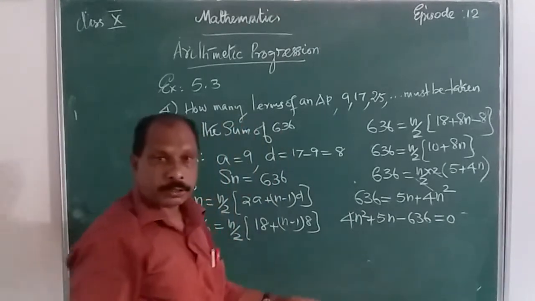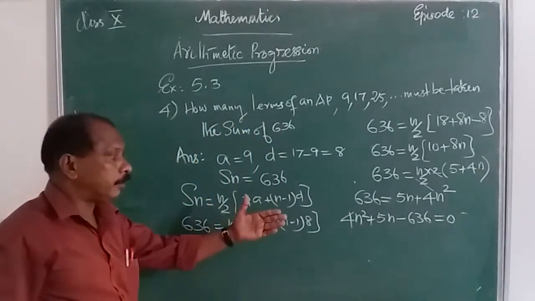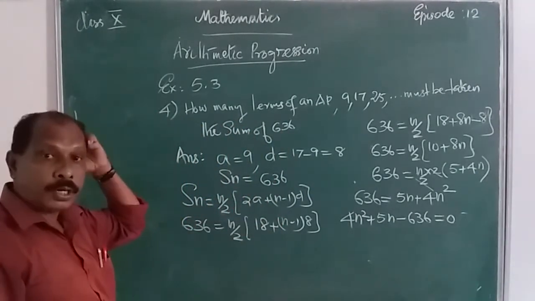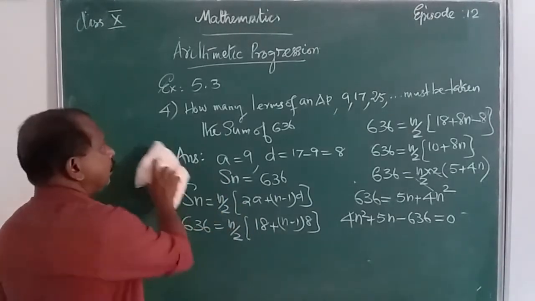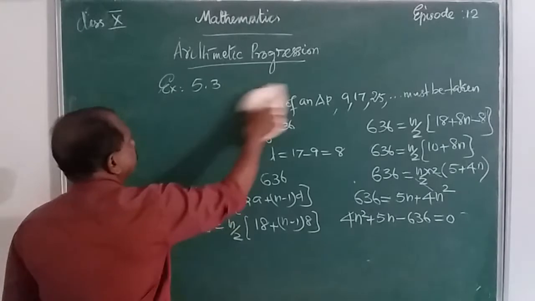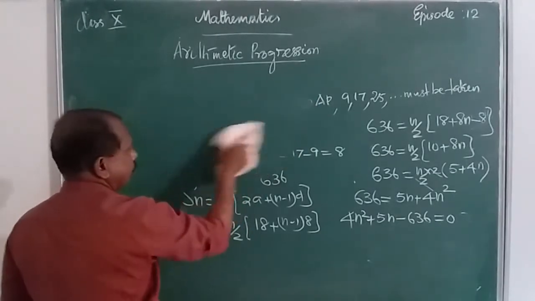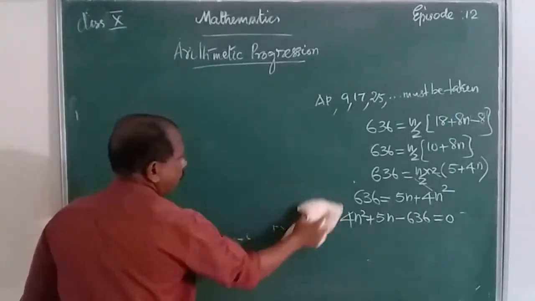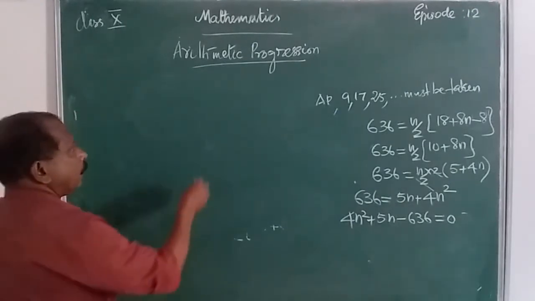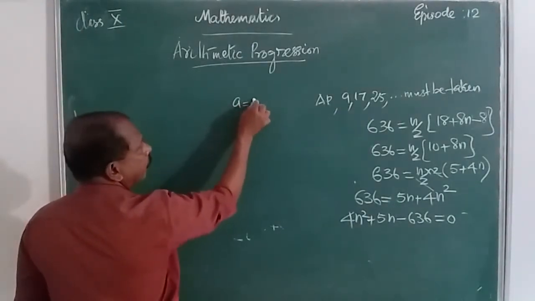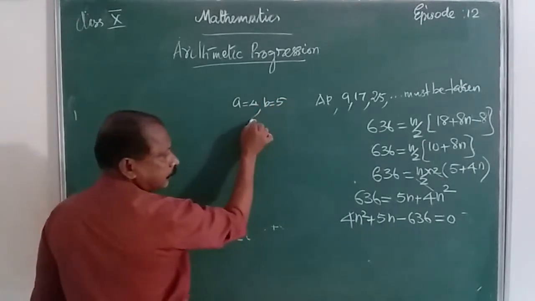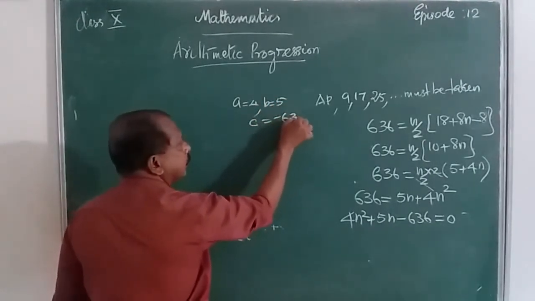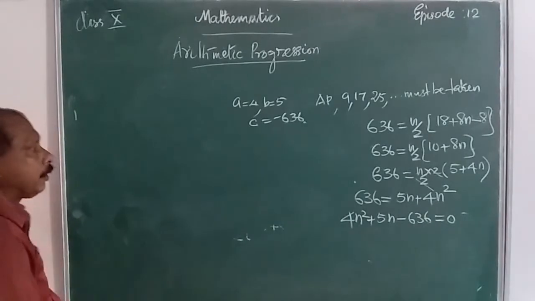This is a quadratic equation. We can find the solution or root of that quadratic equation by any method. What is a? 4. What is b? 5. c is minus 636. Clear?